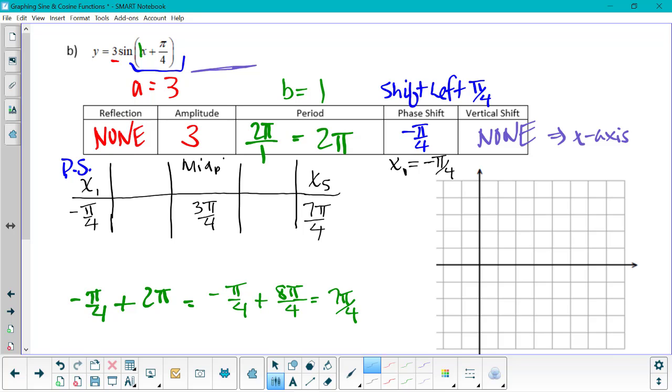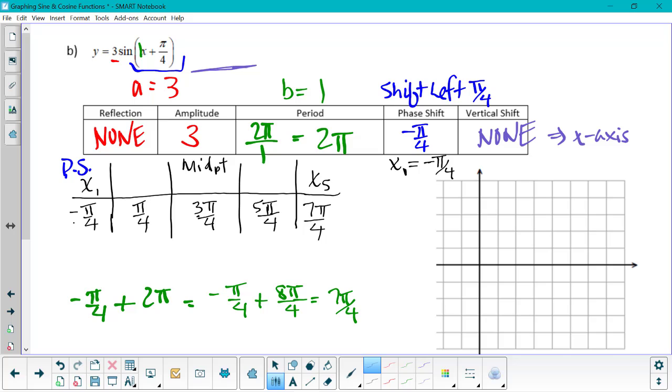And then you could do the same thing. What's halfway between -1 and 3? Add those. -1 plus 3 is 2 pi over 4. Half of 2 is 1 pi over 4. And then halfway between 3 and 7 is 5 pi over 4.